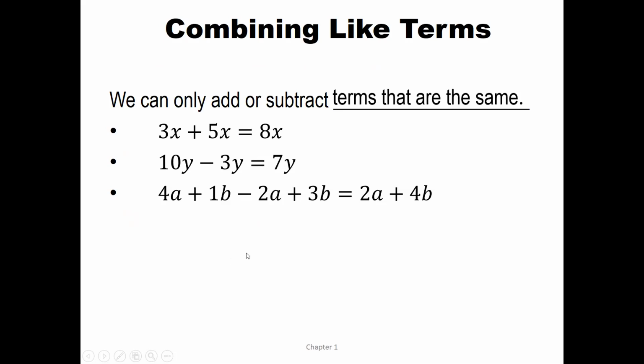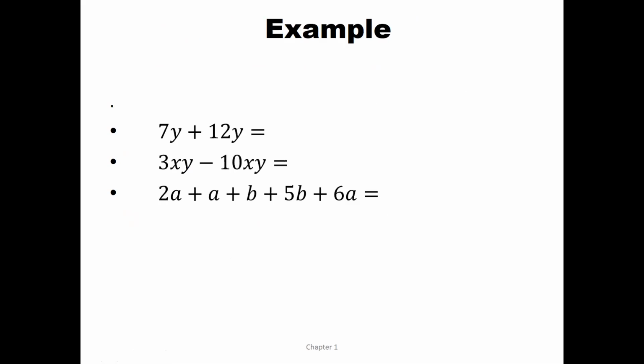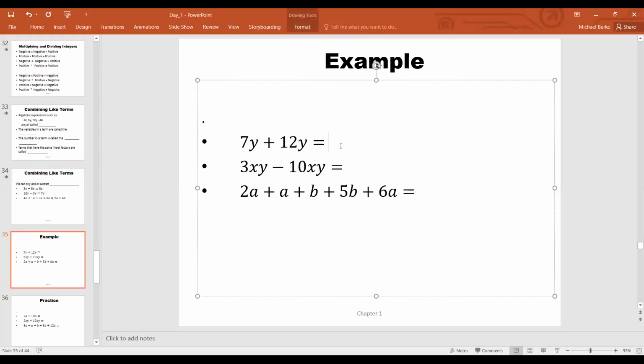So, here's a couple of examples. So we have 7y plus 12y is 19y. 3xy, now see, we have x times y, and it does not matter if this is xy or yx.